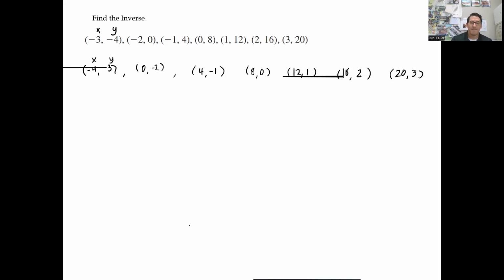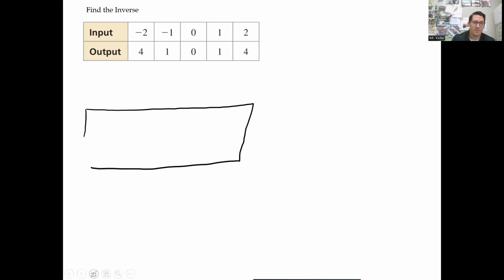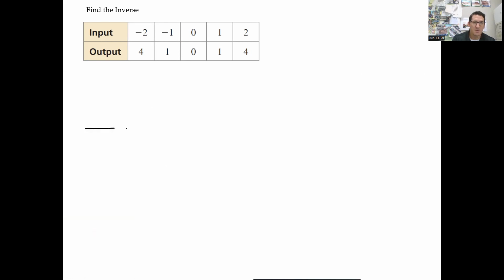All right, let's look at it for the table. So if we have a table, why do they do it like that? Fixing this. I'm going to make a table. So I have an input and the outputs.